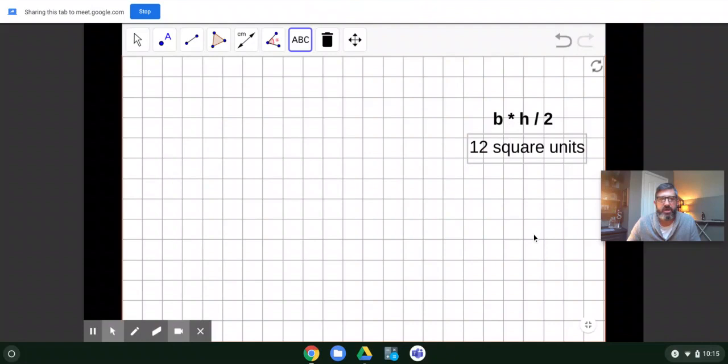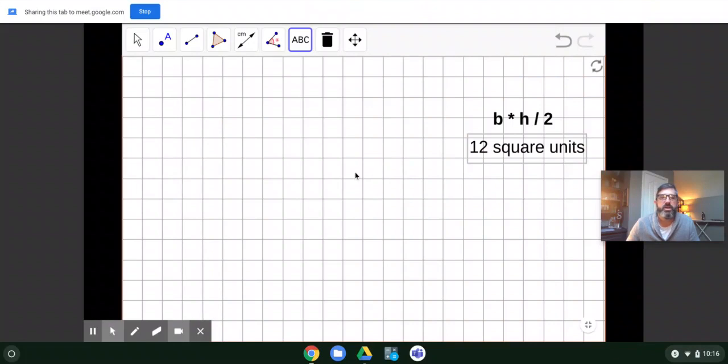And to find the area of a triangle associated with that parallelogram, we just divided that by 2. So if we need 12 square units for the area of our triangle, what do you think the area of a parallelogram would be that we made from our original triangle and a copy of that triangle? Well, it would be twice that, or 12 times 2, which would be 24 square units.